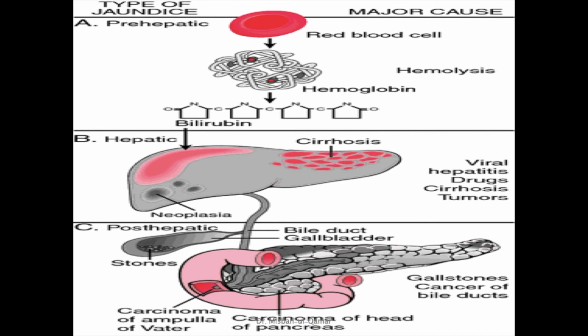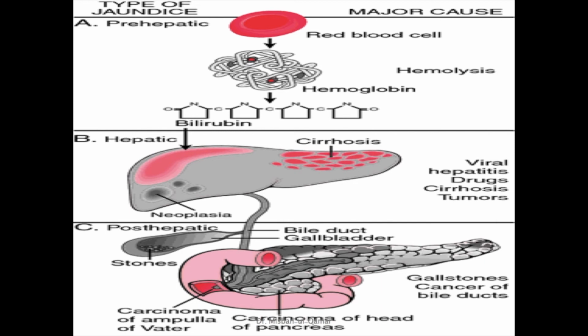Hemolytic jaundice, as I already told you, is also known as the prehepatic jaundice. That is due to increased destruction of red blood cells or their precursors in the bone marrow in conditions like anemia, malaria, or the neonatal jaundice, or in case of transfusion reactions and autoimmune diseases.